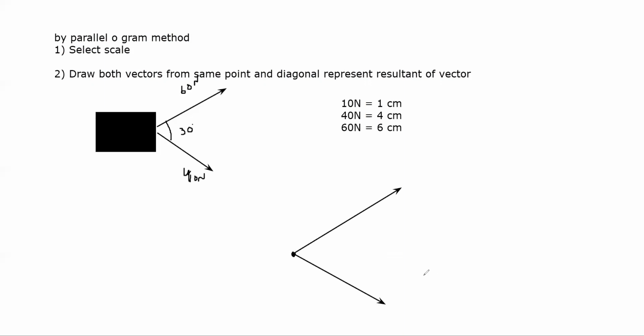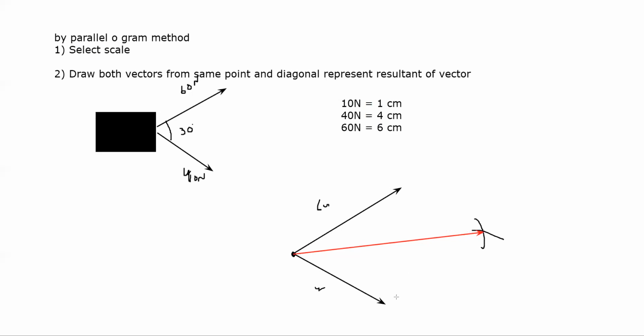Then I will complete the parallelogram. How do I complete it? I will open the compass to 6 centimeter and draw an arc. The diagonal of this parallelogram represents the resultant.